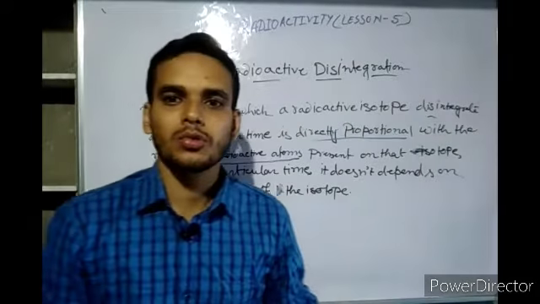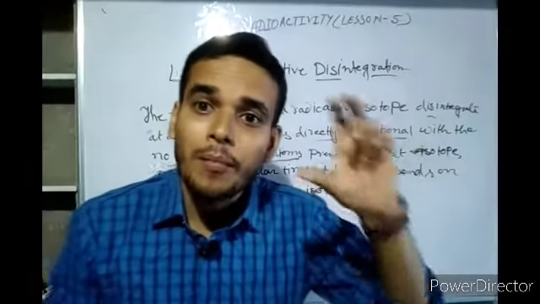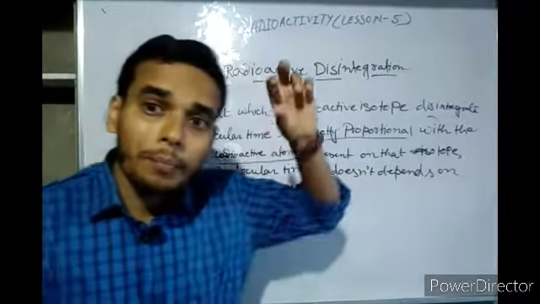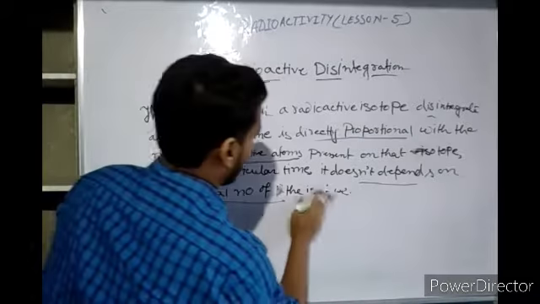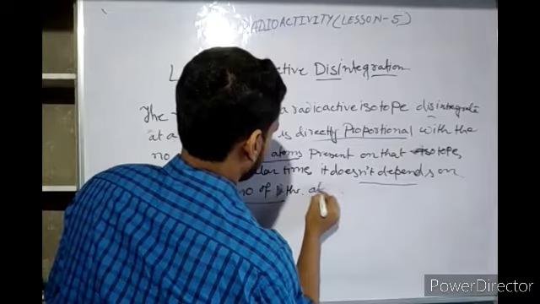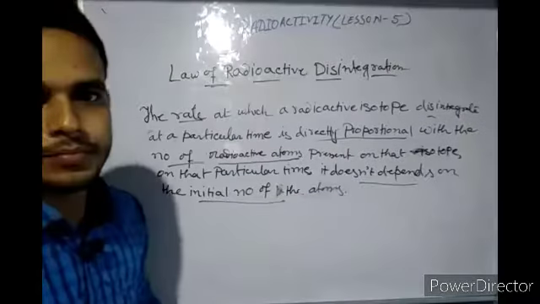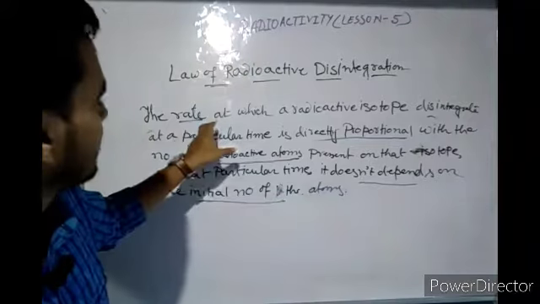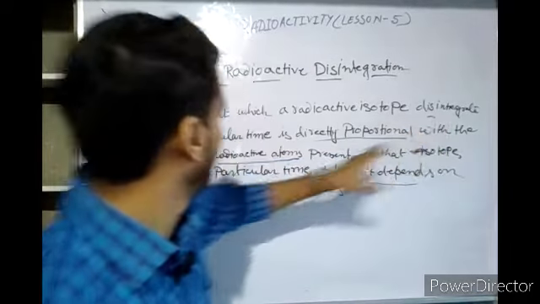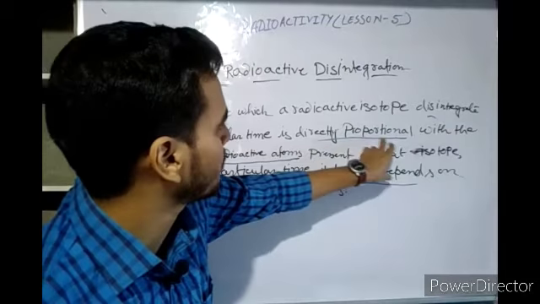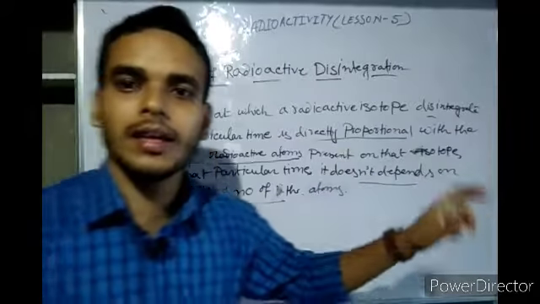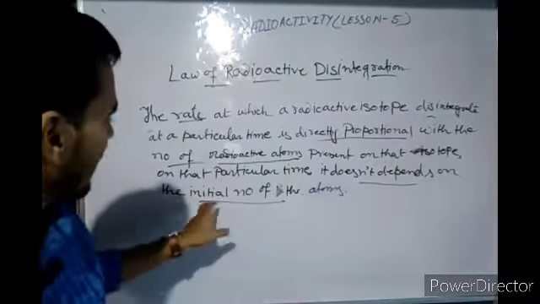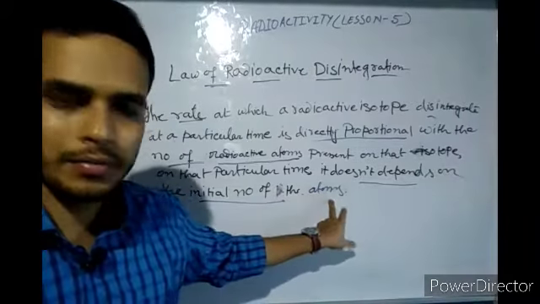Means if a radioactive isotope disintegrates, it depends on the number of atoms present at the particular time at which it disintegrates, not on the initial number of the atoms.